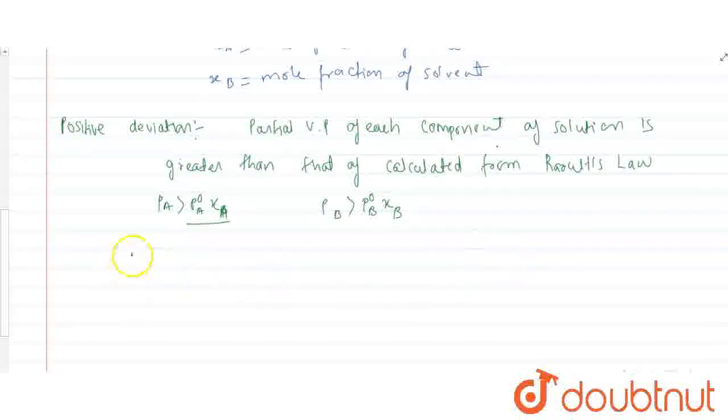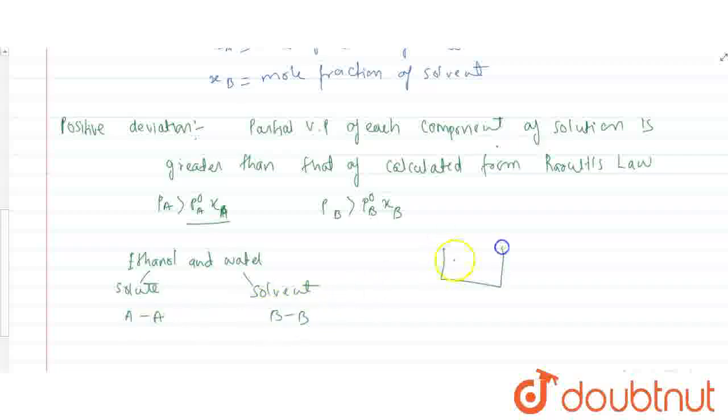Let's take a solution of ethanol and water. Ethanol is a solute and water is a solvent. Ethanol has an interaction AA and water has an interaction BB, and when we make a solution, it will have solute and solvent both, so A and B will interact.